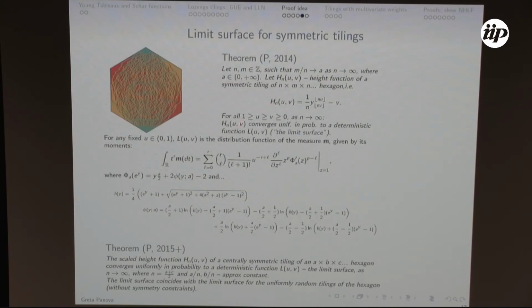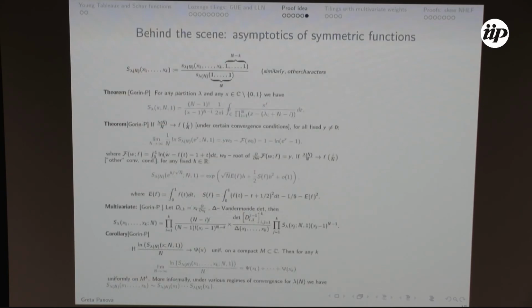And this is for the two types of symmetric cases, though one sees immediately that the symmetric limit surface is the same as the one for the uniform tilings of this symmetric domain, because this global symmetry is actually satisfied by both the limit case of the uniform tilings and the ones where we already impose it in the probability.